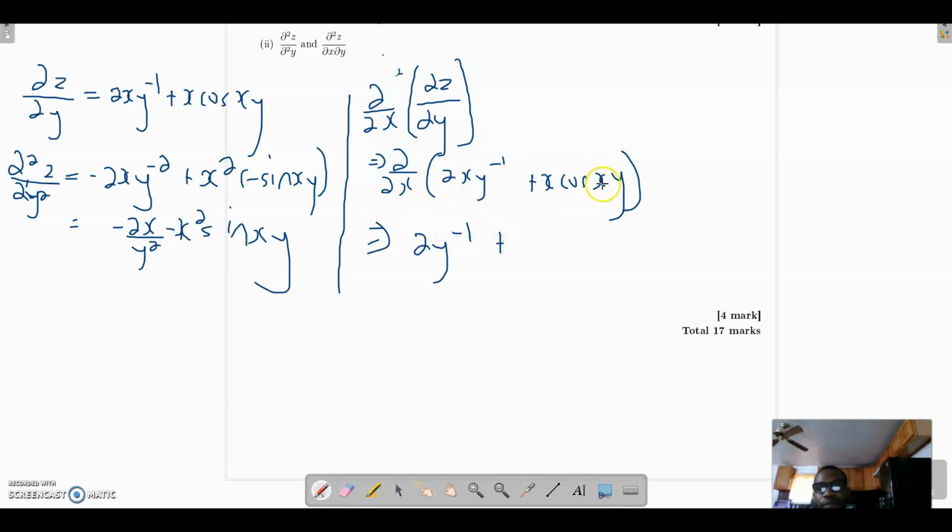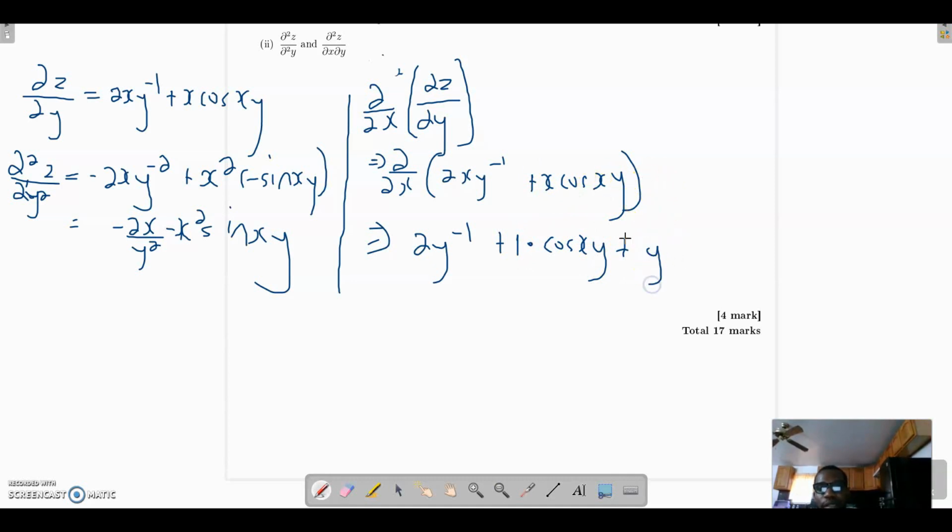Plus, here, we're going to have to use a product rule because the x variable occurs in both functions. So when you differentiate the first x, you're going to get 1 times the second function, which is cos xy. Plus, now we differentiate the second function, so we differentiate the xy with respect to x, which is simply going to leave us with y.